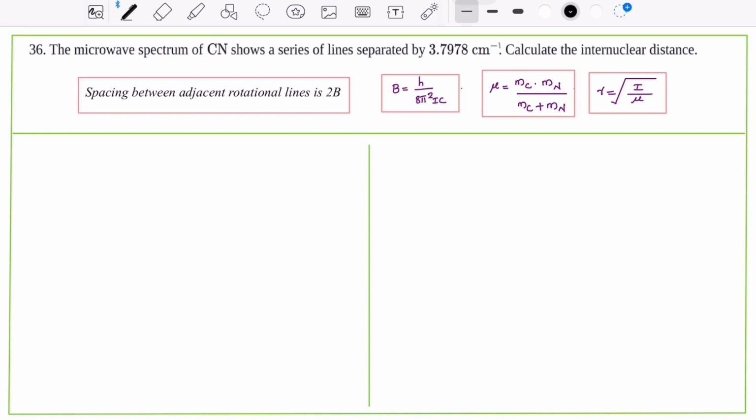The next problem is the microwave spectrum of cyanide CN shows a series of lines separated by 3.7978 centimeter inverse. Calculate the internuclear distance. We know that in rotational spectra or microwave spectra, the spacing between adjacent rotational lines is 2b, where b is equal to h by 8 pi square IC, where I is the moment of inertia, and the bond length is given by root of I by mu, where mu is the reduced mass.